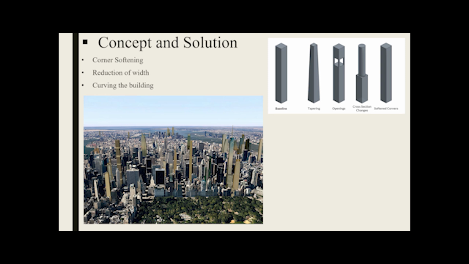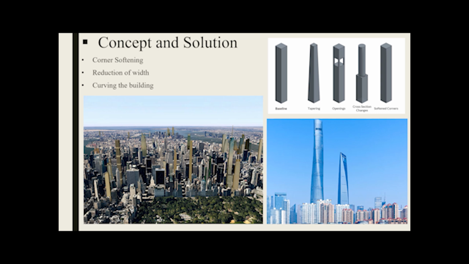And finally, they can use the approach called curving the building. This is similar to corner softening, but they curve the building totally, and they make it curve to the wind like the Shanghai Tower.